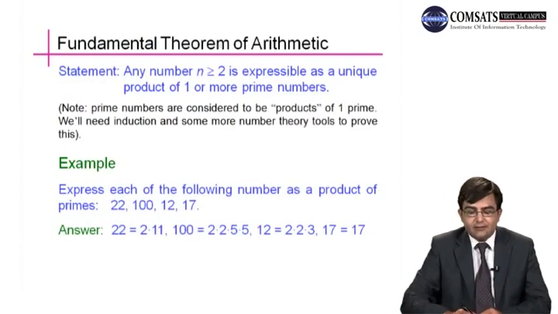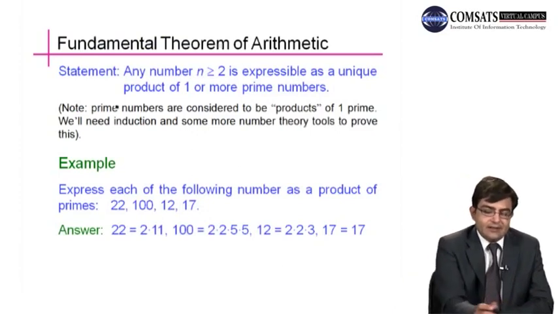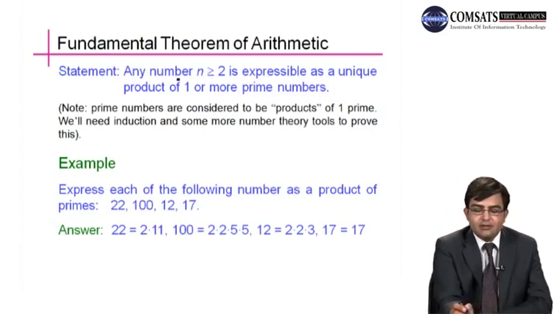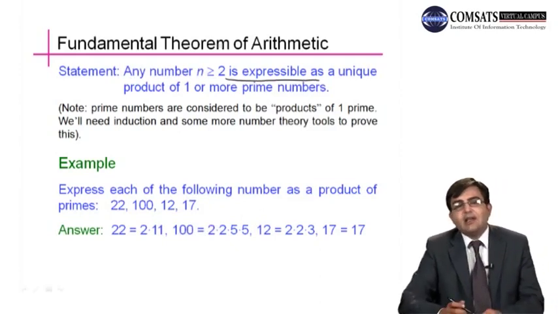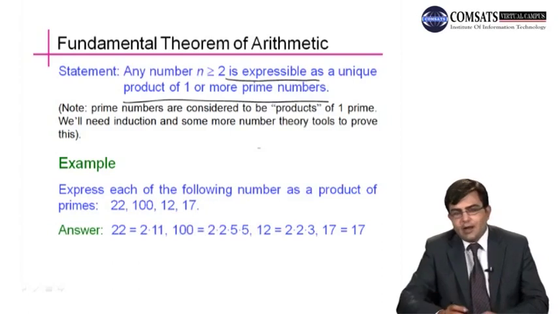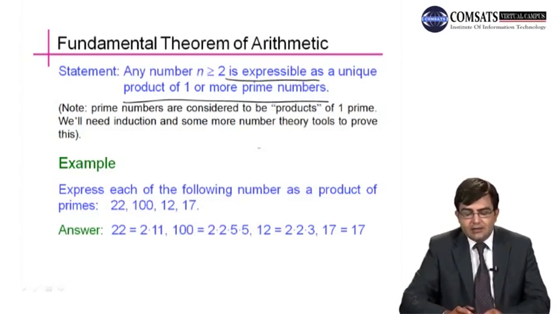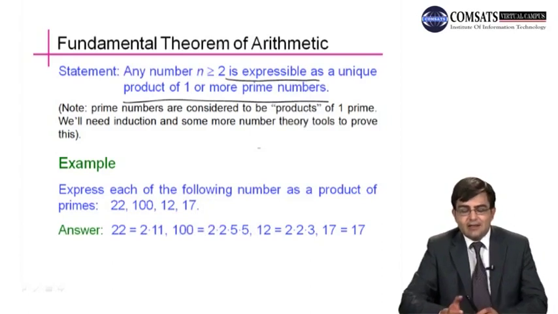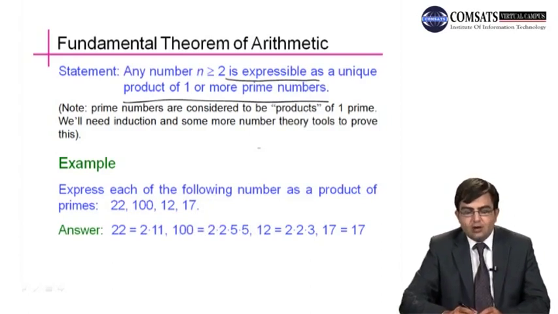Now, a theorem of arithmetic, or in number theory, the fundamental theorem of arithmetic, states that any number greater than or equal to 2 is expressible as a unique product of one or more prime numbers. Unique means there doesn't exist some other expression of that particular number.